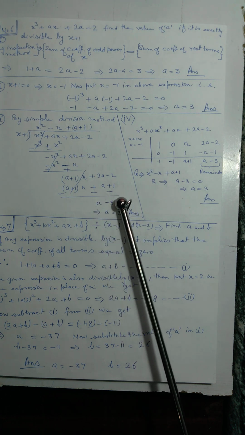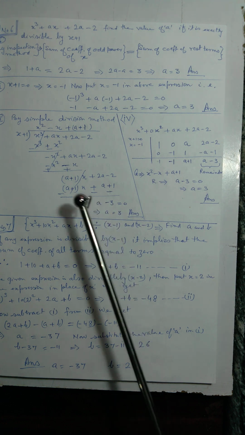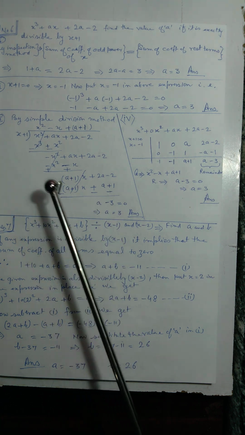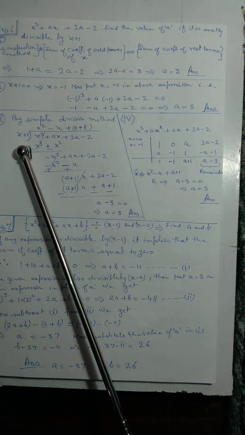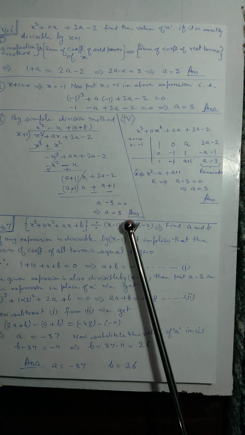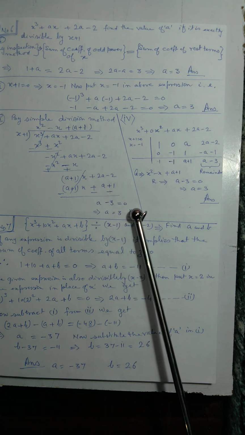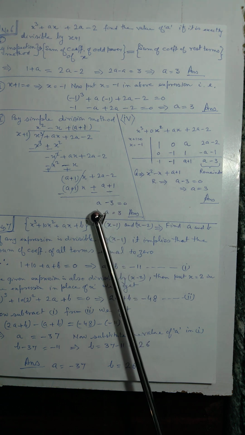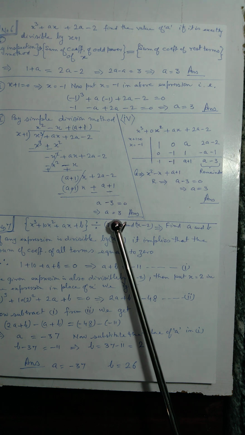So this remainder must be 0 because it is already given that the given factor gx, x plus 1, is a factor. It is already given, so therefore the remainder should be equal to 0. That is why I have placed a minus 3 equal to 0. So a will be equal to 3.